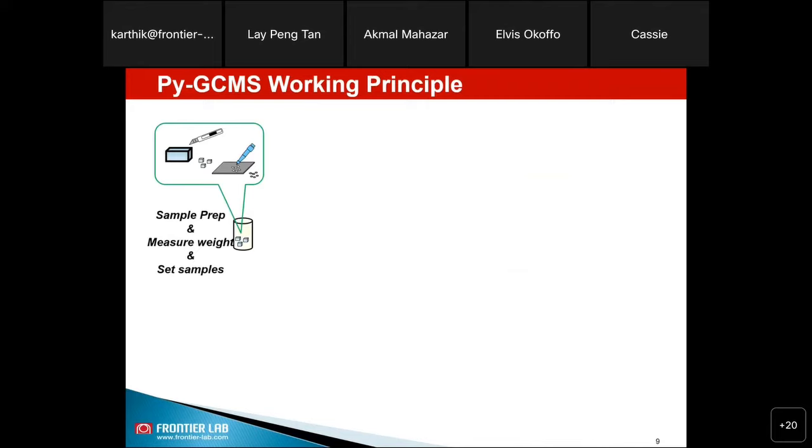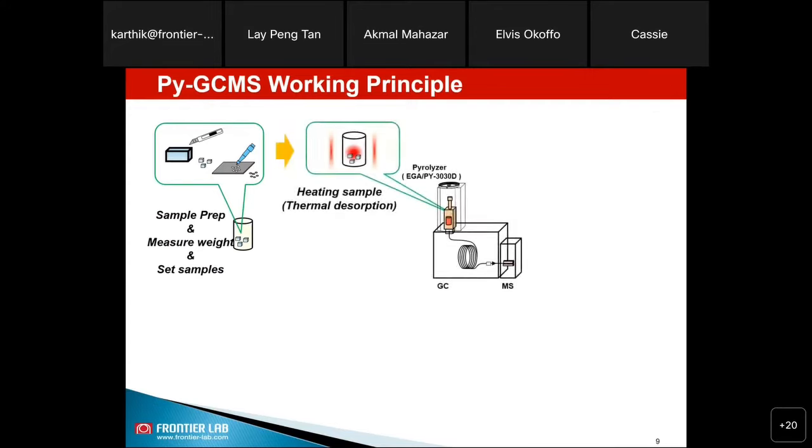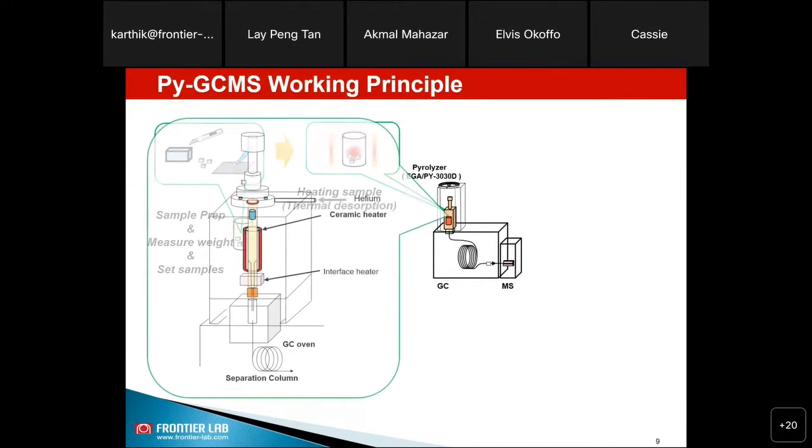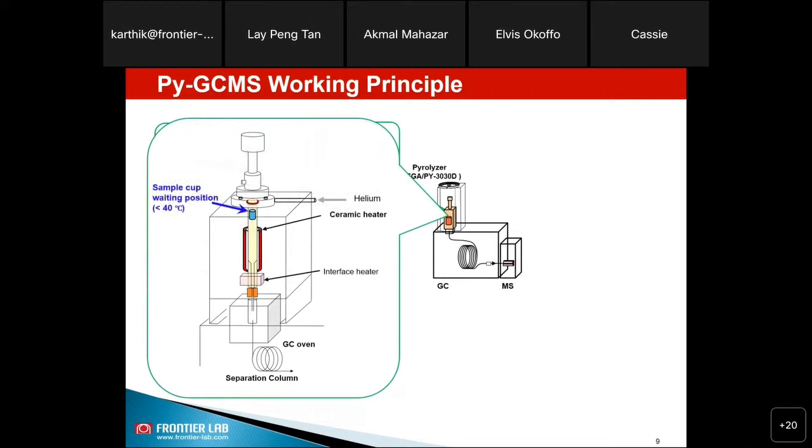Okay, let me just run through the steps through which this analysis is performed. When you have any type of rubber material or any other polymer material, you can transfer an appropriate sample specimen into the sample cup. Then this sample cup is introduced into the pyrolyzer, where the temperature is set as per the requirement. When you start the analysis, this cup is dropped into the hot zone, the furnace, where it goes for either breakdown or sometimes just releasing the additives.